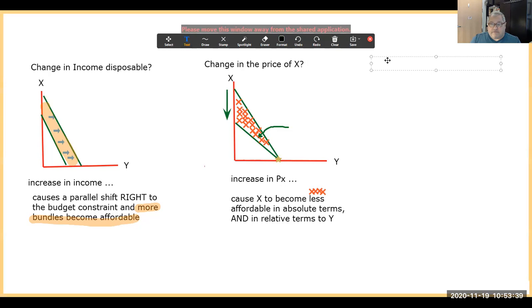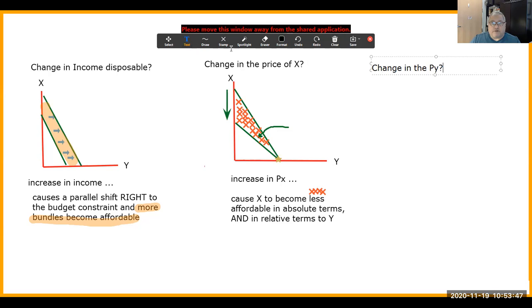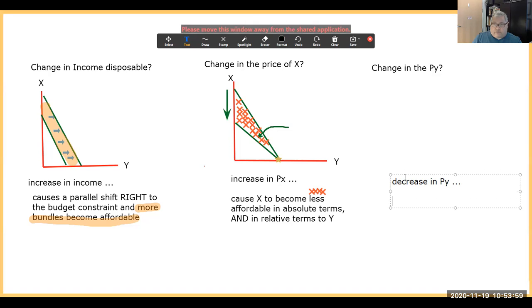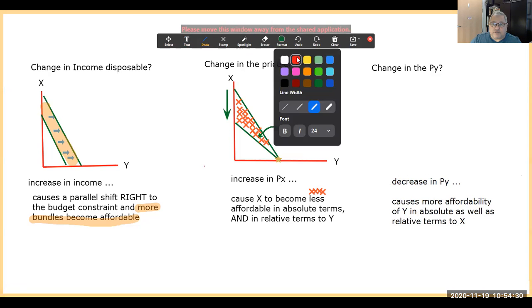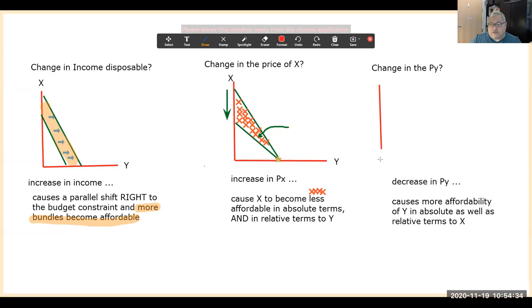So I'm going to create a third graph where we're looking at a change in the price of Y. And specifically, we're going to look at a decrease in the price of Y. And what that causes is more options, more affordability of Y in absolute as well as relative terms to the consumption of X. So that particular situation will provide us with a visual of feasibility.